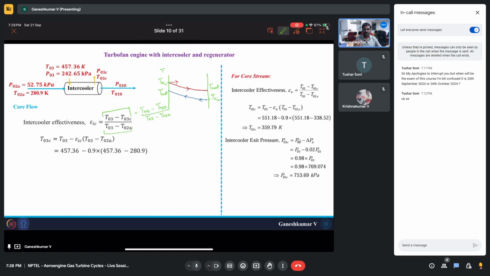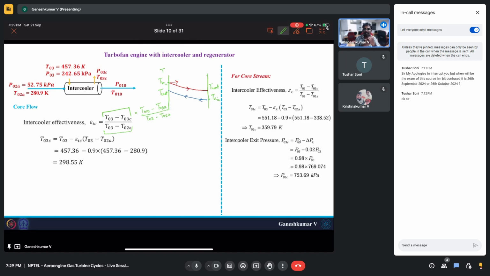If you substitute these numbers over here, you will end up having the intercooler T03, which means the core stream which is getting cooled down cools down to 298.55 Kelvin.